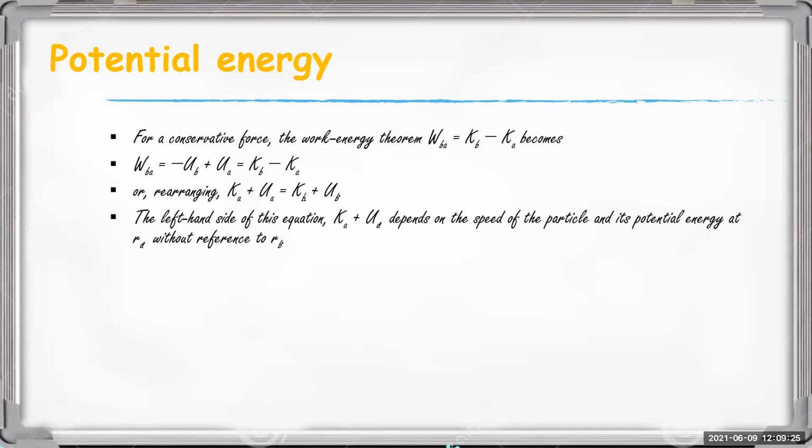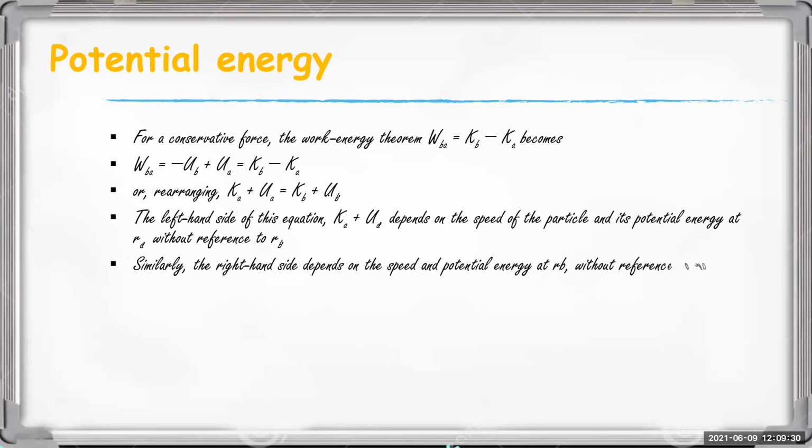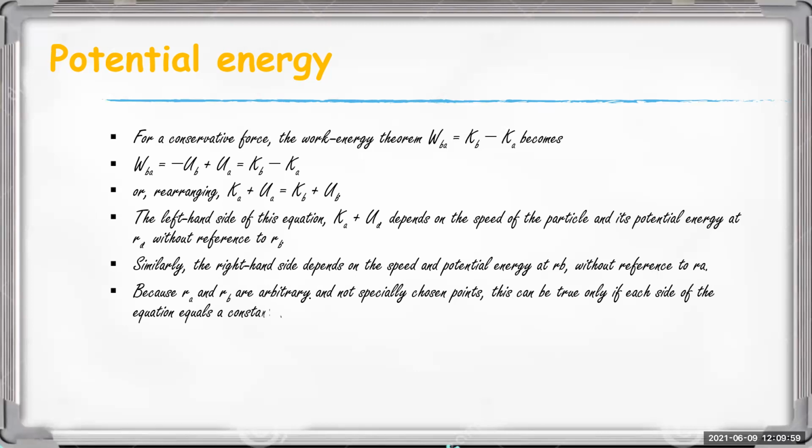In a similar way, the right hand side, KB plus UB, depends on the speed and potential energy at RB without reference to RA. So the left hand side and right hand side are independent of each other. And RA and RB are arbitrary, not specially chosen points.